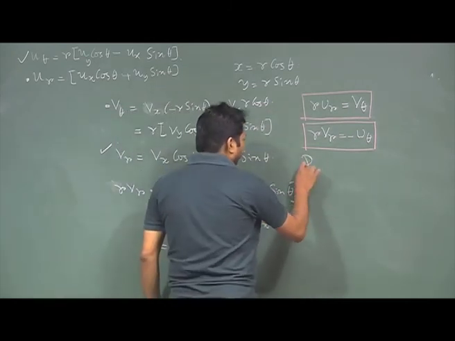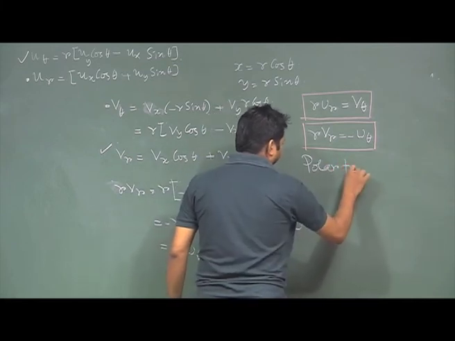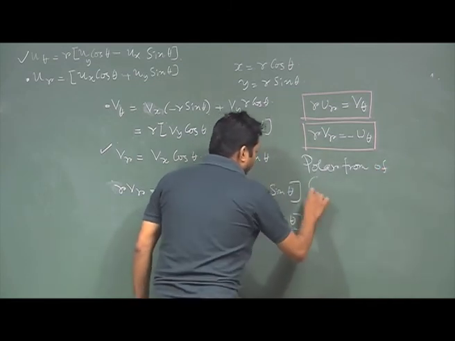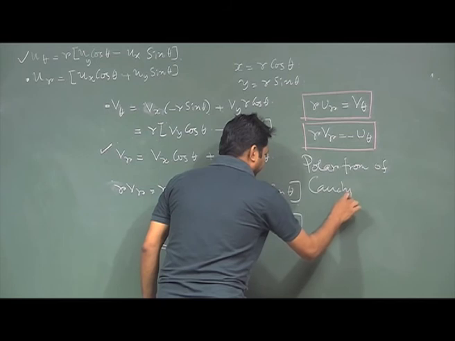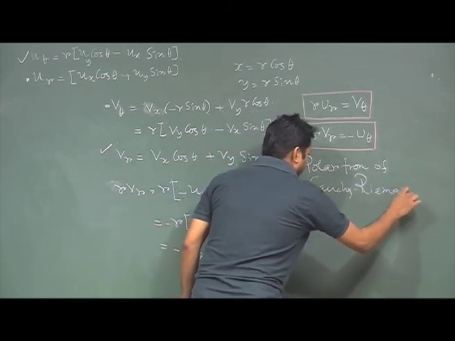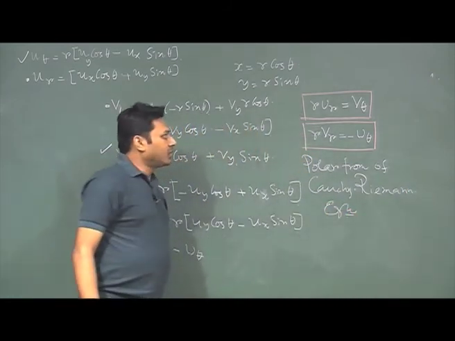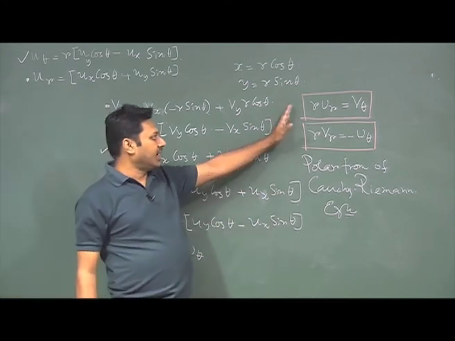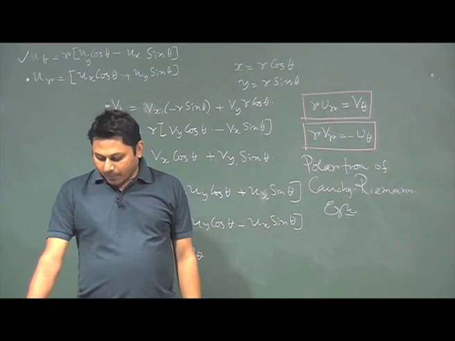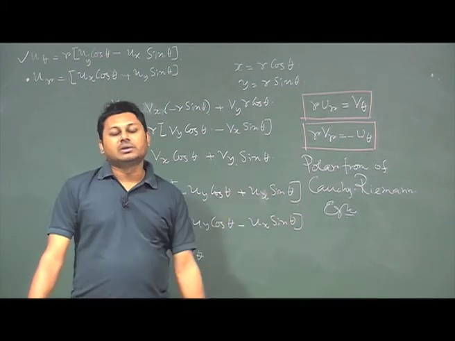So, this is the polar form of Cauchy-Riemann equation. So, polar form of Cauchy-Riemann equation is this, and Cartesian form we already know. So, here I would like to stop, because after that we will go to the next topic.